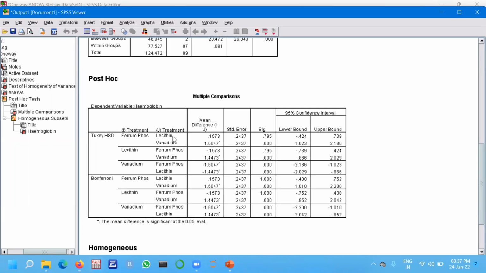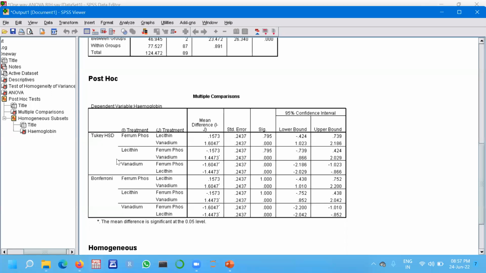Now let us see here. We are comparing ferrum-phos and lecithin, isn't it? The same thing is here, and the same thing is here. Lecithin and vanadium also we compared, isn't it? Now what we have to compare is ferrum-phos and vanadium, and lecithin and vanadium. How would it be? There is a significance.